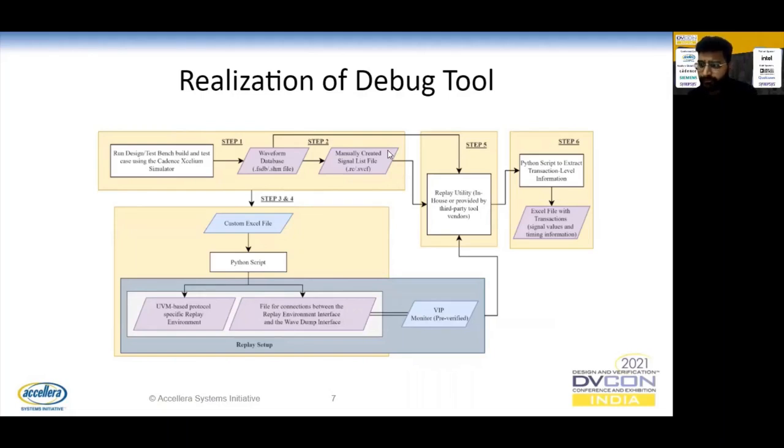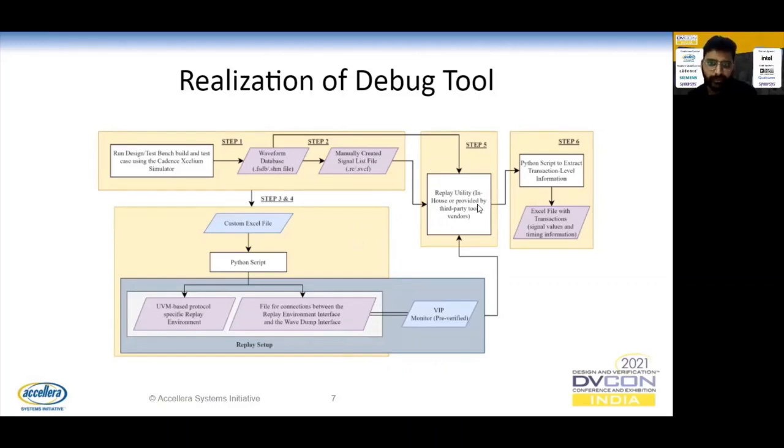The intention of the idea was to get the required transaction list using only these inputs. So we thought of a mechanism where we can replay the waveform. As we know, a waveform has information about all the signals and their transitions based on time.